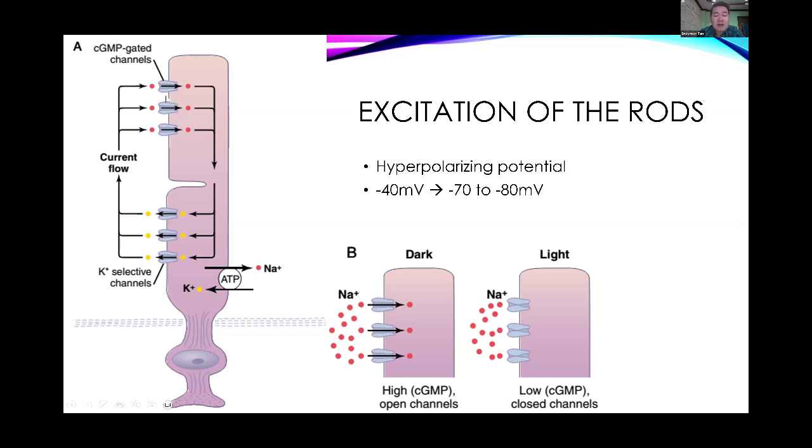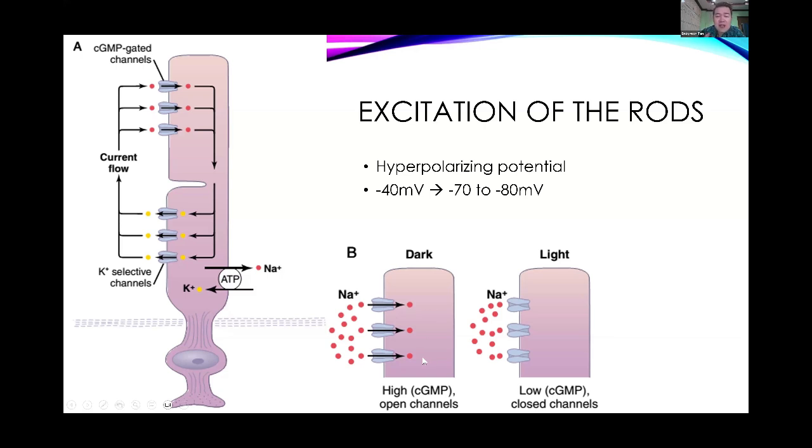In a resting dark state, the cyclic GMP gated channels are open. If they're open, you have a very high cyclic GMP in the dark phase, and the sodium can freely go inside. It's not just leaking. The door is really open for the sodium ions to go inside.